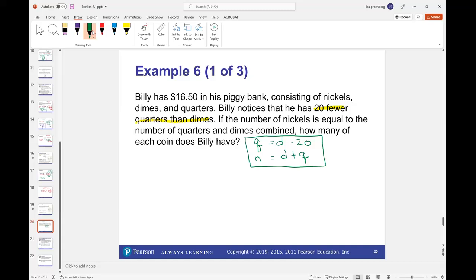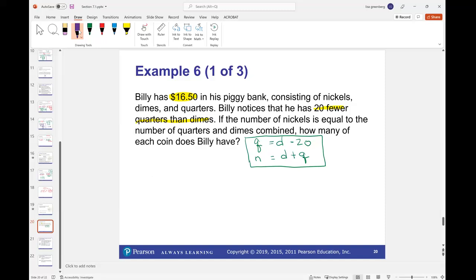And that tells me how much money I have. If I have 5 nickels, I have 5 cents times 5 or 25 cents, right? So that's how we're going to figure out, using this amount here, how many of each coin we have. So first we have to write that equation.